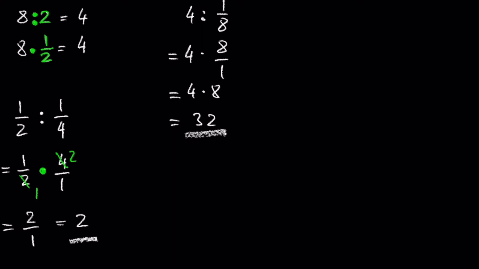Let's look at another example. Negative 3 over 5 divided by 7, which is negative 3 over 5 times the reciprocal of 7.